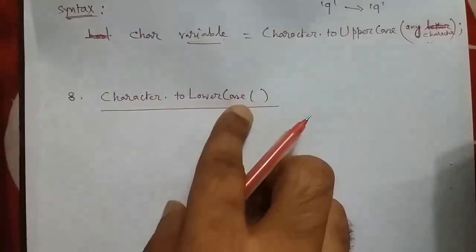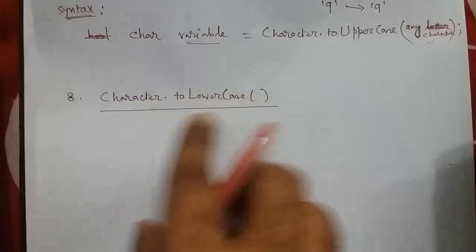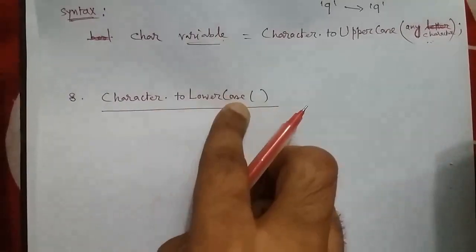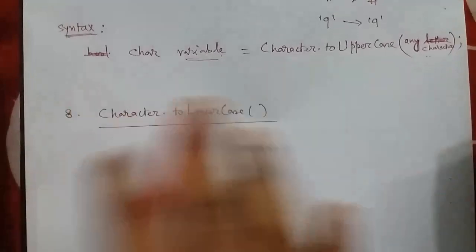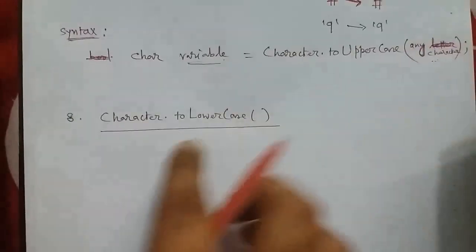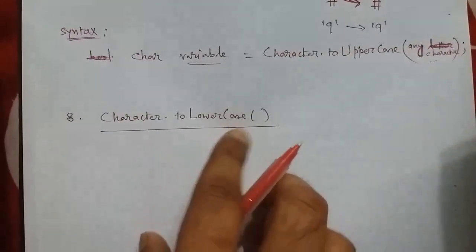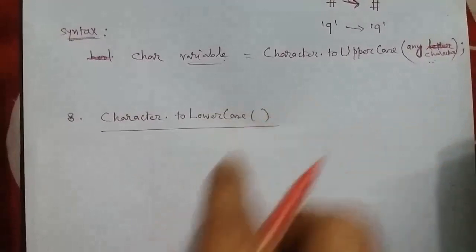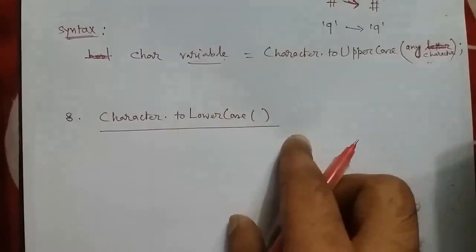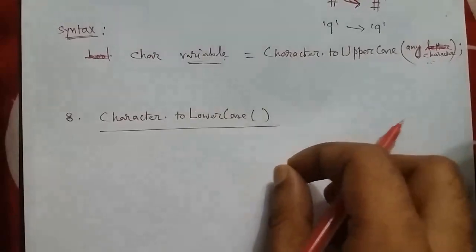Now Character.toLowerCase. It is also a method related to conversion. The purpose, the syntax, everything is the same. Only the purpose is opposite to Character.toUpperCase, because Character.toLowerCase returns the given argument in lowercase. So the given character remains the same if it is already in lowercase.